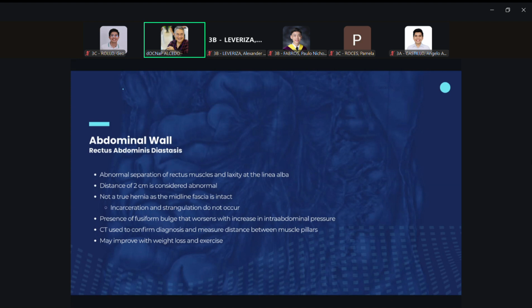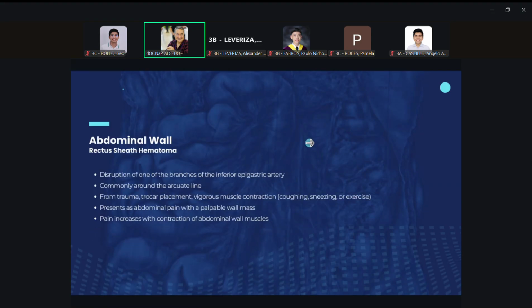And if you think that this is just temporary, you just advise your patient weight loss and exercise. No? So the rectus abdominis muscles will become developed, and hopefully the diastasis will decrease in size and ultimately will result in an asymptomatic patient.